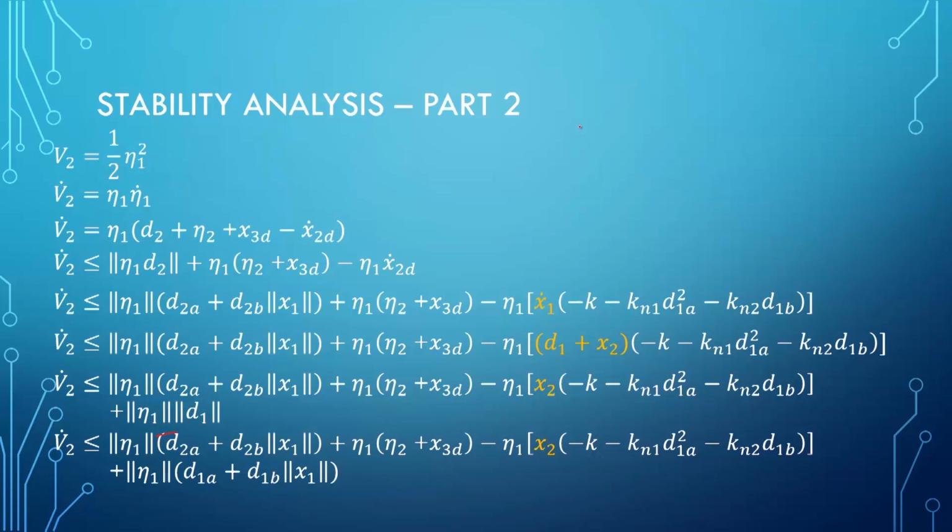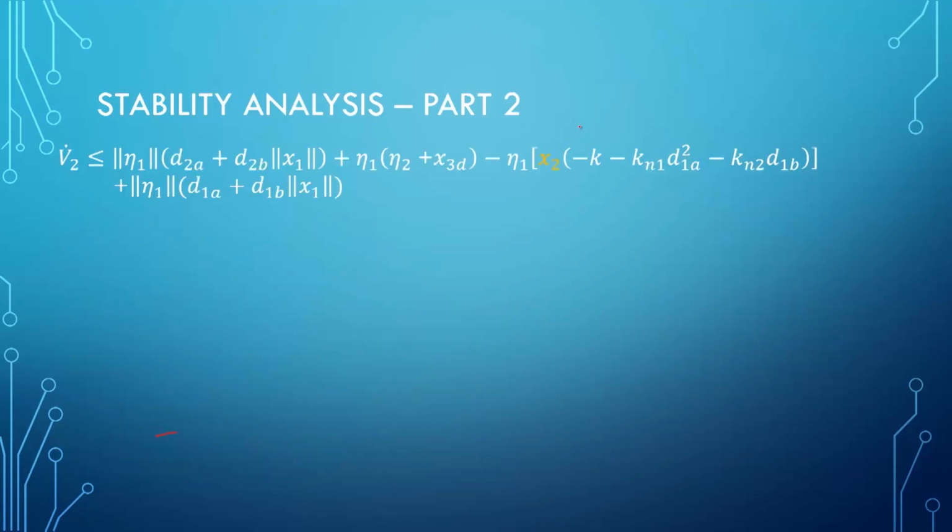Not yet. So the objective of this step is we upper bound the D1 norm by this, which is from the assumption, right? Then next you can do regrouping.